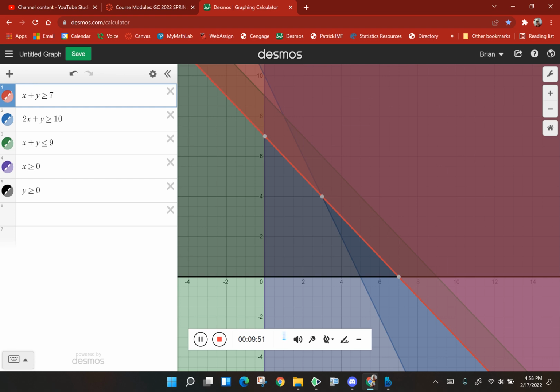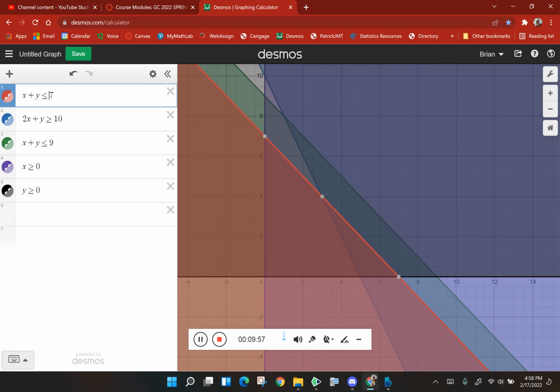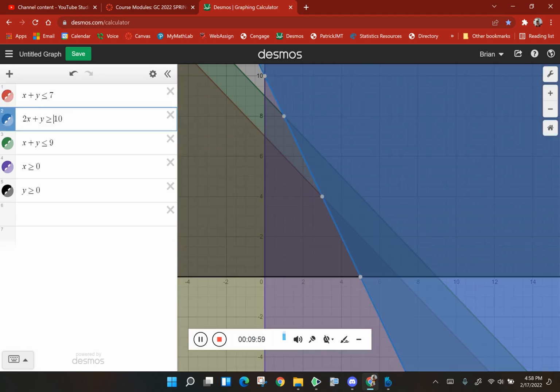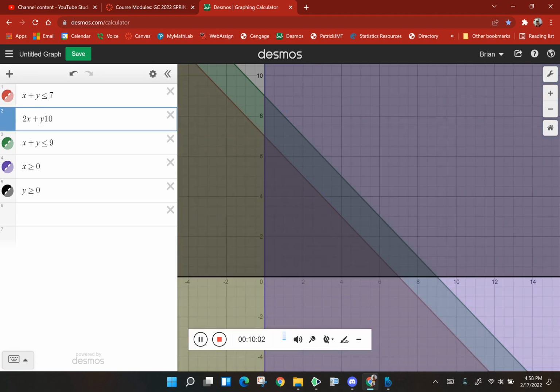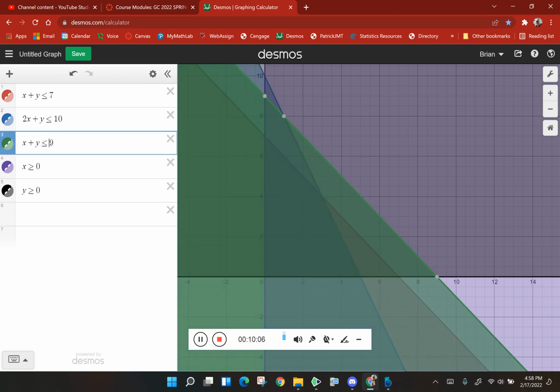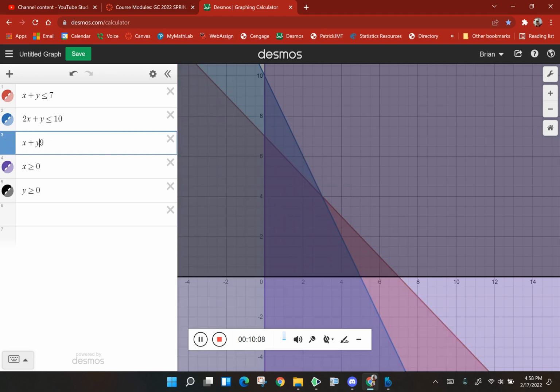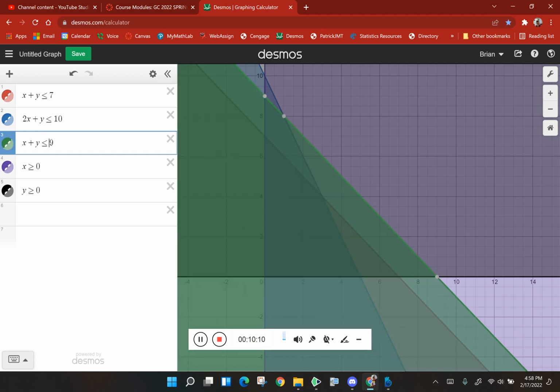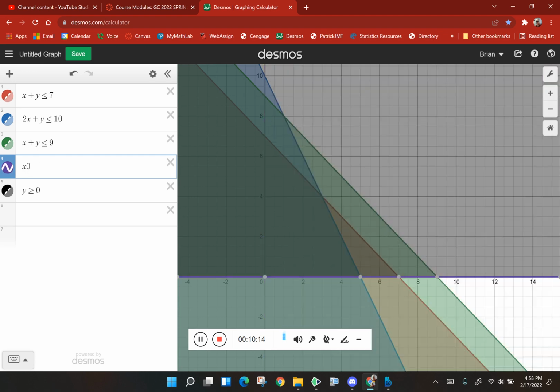So since for the first one we want greater than or equal to, I'm going to have it shade less than or equal to. And since for the second one we want greater than or equal to, I'm going to have it shade less than or equal to. And the third one we wanted less than or equal to, so I'm going to have it shade greater than or equal to. The fourth one we want x bigger than 0, so I'm going to have it shade less than or equal to 0.